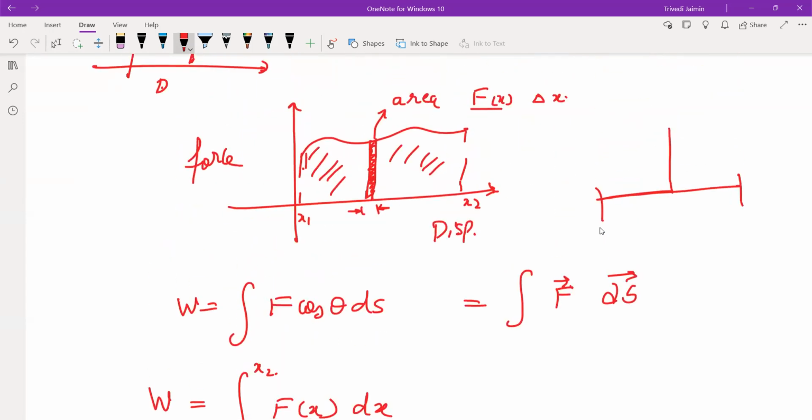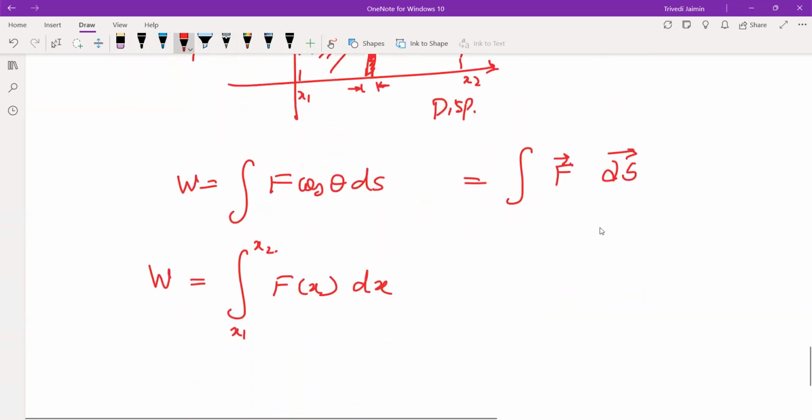We are finding each strip, and we are summing it. So instead of summing f of x dx, force and displacement, to find work done 1, work done 2, work done 3, we are integrating directly so that we can substitute all the limits and find our answer, whatever limits we have. That is x1 and x2.